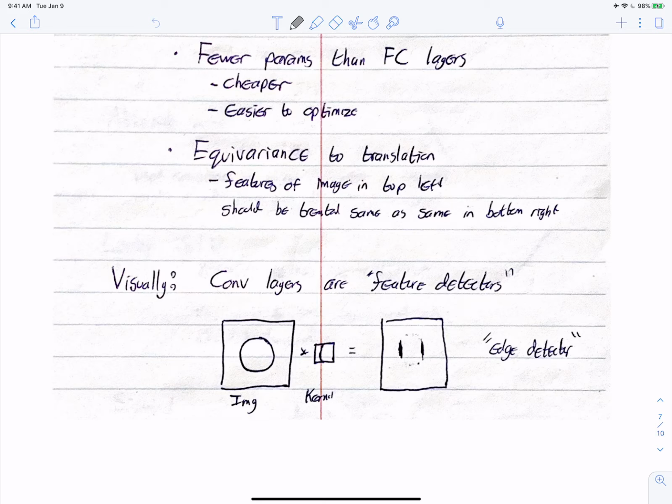As you translate this over the image on the left, which is just a full circle, you get very high values at the left edge and the right edge of the image where it aligns well with the kernel. You get small but non-zero values everywhere else on the circle, and zero values completely off the circle. So this is like a vertical edge detector, as drawn.